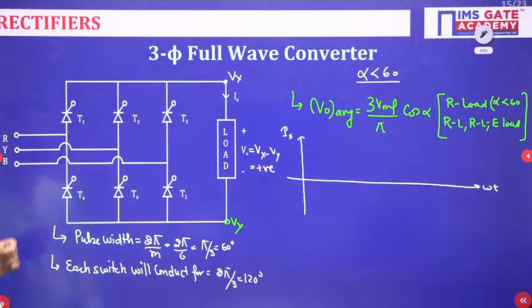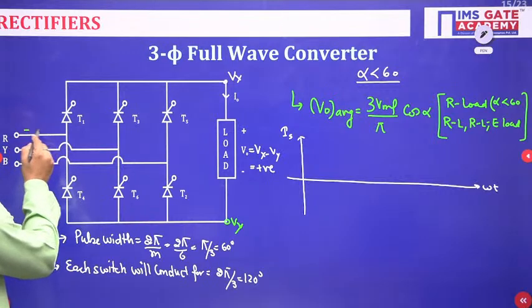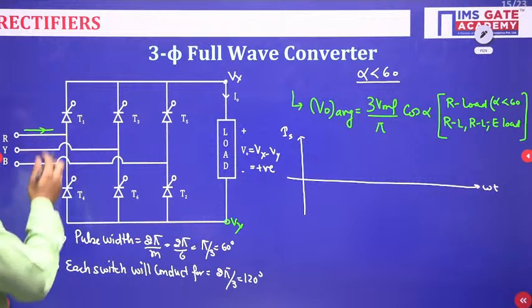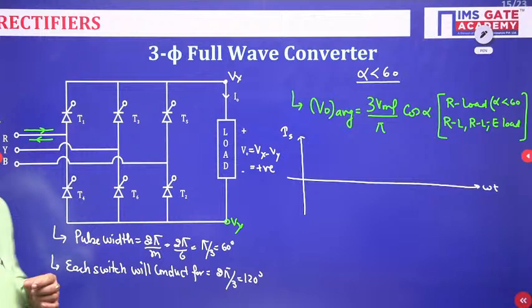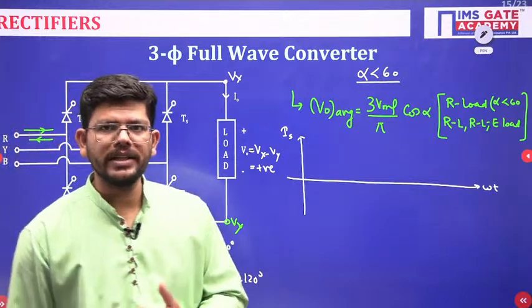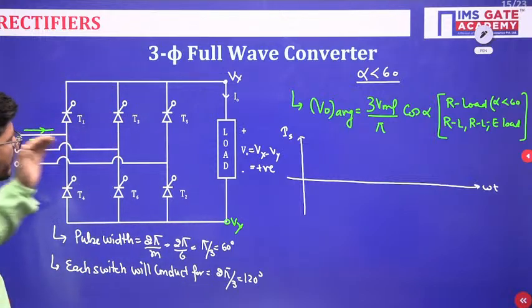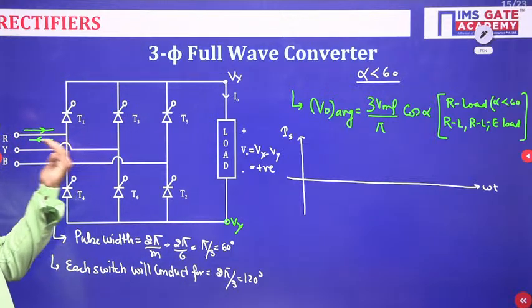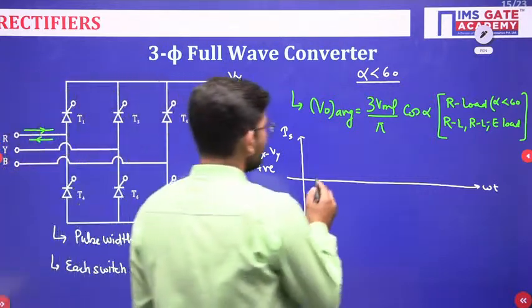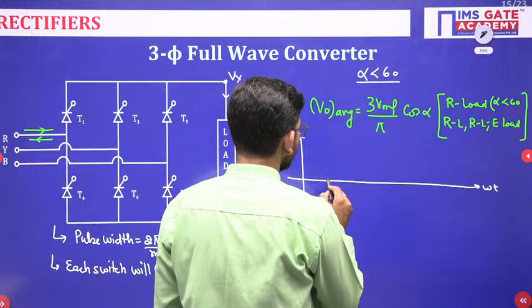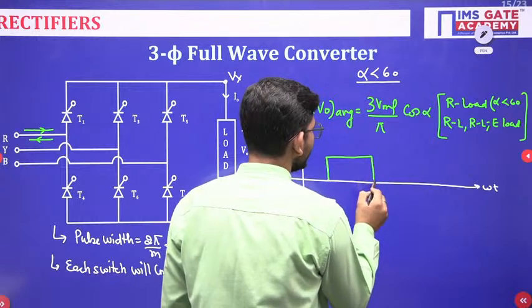So if I am talking about source current, just see, if source current is entering from T1, then it will return back from T4. T1 will conduct for 2 pi by 3, T4 also conducts for 2 pi by 3. When T1 is conducting, source current is getting in, when T4 is conducting, it is getting out. So for T1 it will be positive and for T4 it will be negative. If we plot this current, assuming high inductive load, this is the kind of shape I will get.